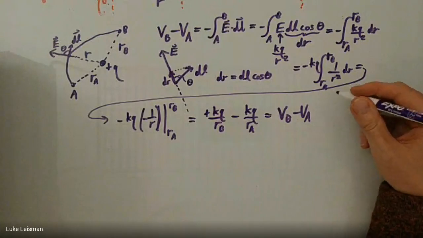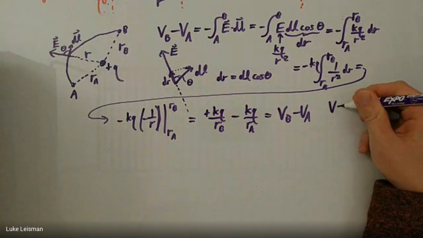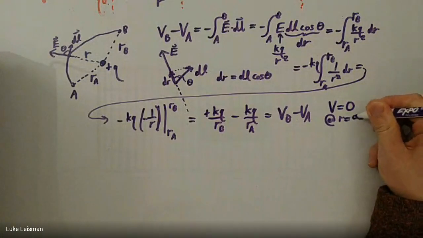And so as a matter of definition, what we usually say is that V equals 0 at R equals infinity.